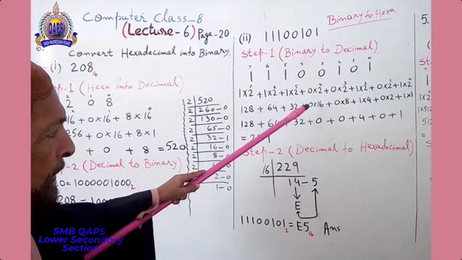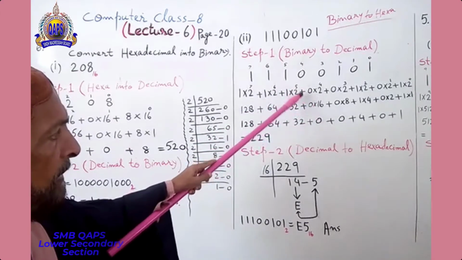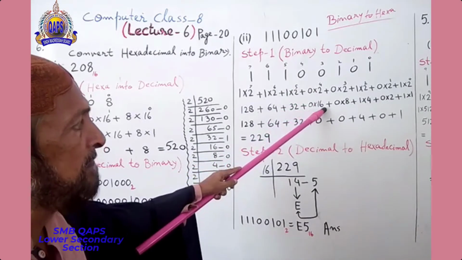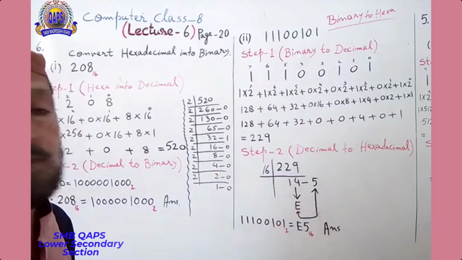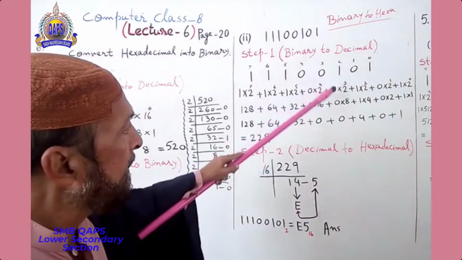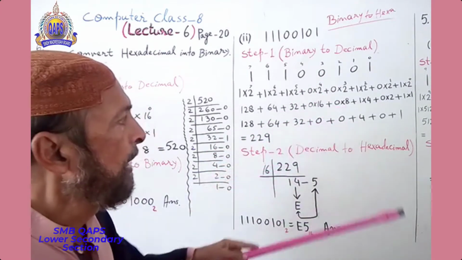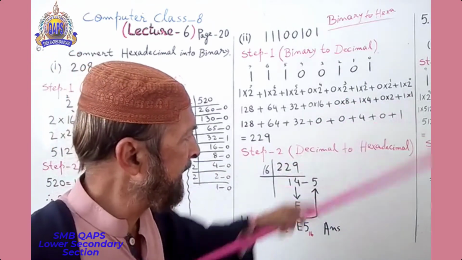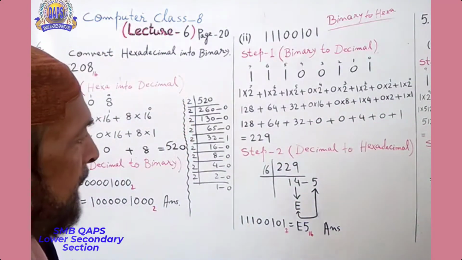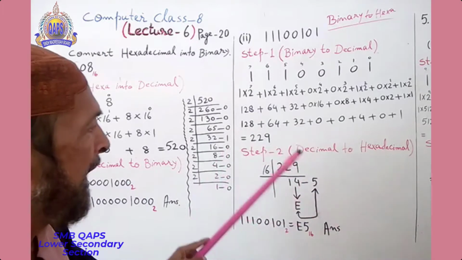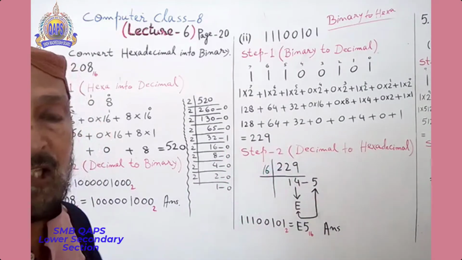In this way, 32. Over here, 0 multiplied by 16, and the answer will be 0. Over here, 0 multiplied by 8, and the answer will be 0. And in the same way, everything is over here in front of you. The answer is 229, which is a decimal number.